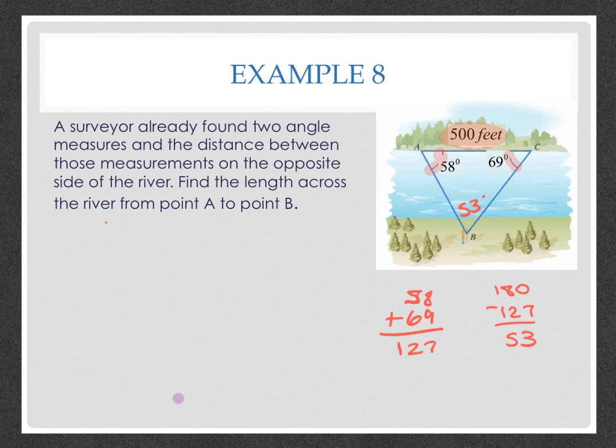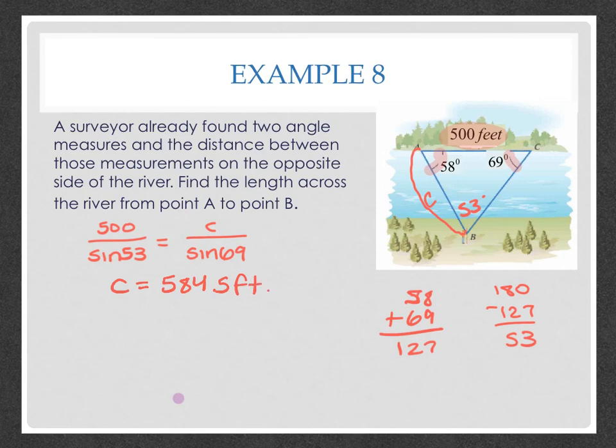And then I would say 500 over the sine 53 equals, I want to find the distance across the river from point A to point B, which would be side C. And then again, cross multiply and divide. So 500 sine 69 divided by sine 53. And we're going to round to the nearest tenth again. This time it didn't tell you, but this would be in feet.